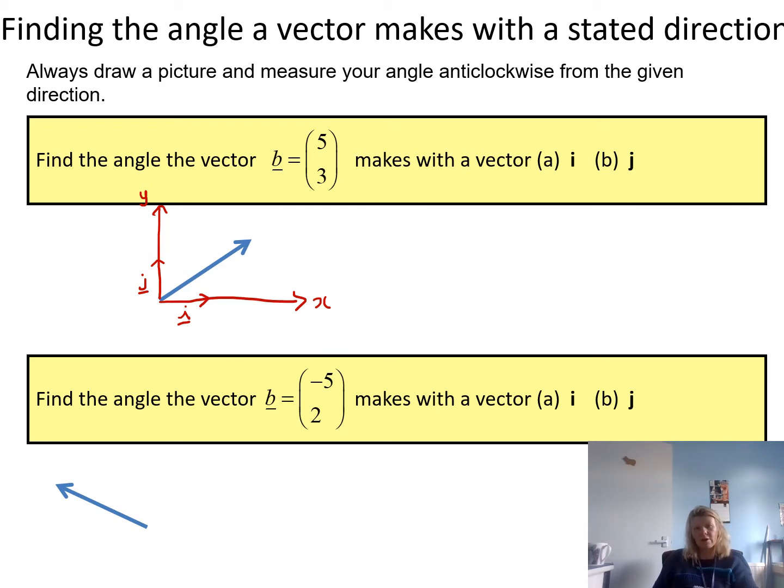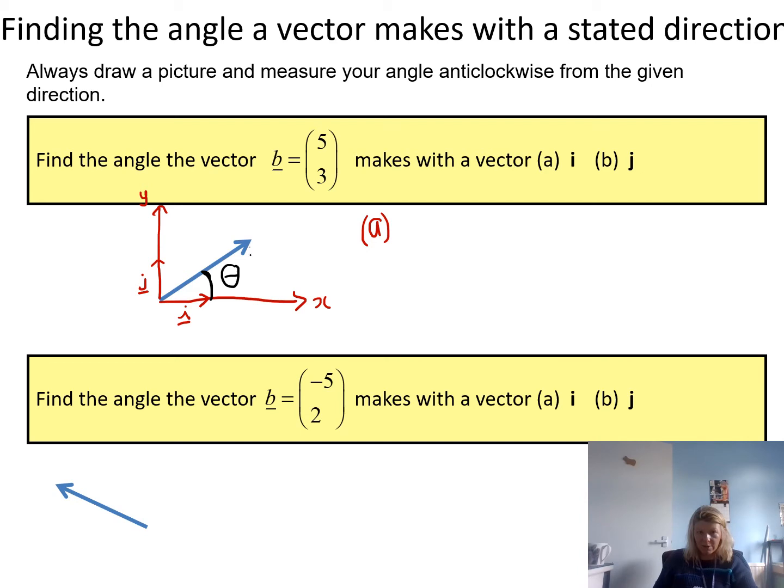So this question is asking what's the angle it makes with the direction of i. So let's put A, change the colour here, let's do it as black. So anti-clockwise from the direction i is in fact that angle there. And to get that angle there, we'll call it theta, we do a bit of trigonometry.